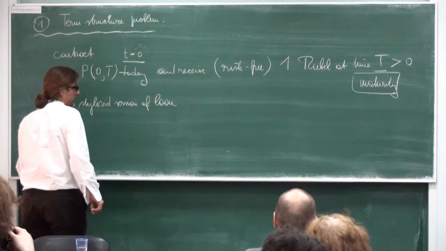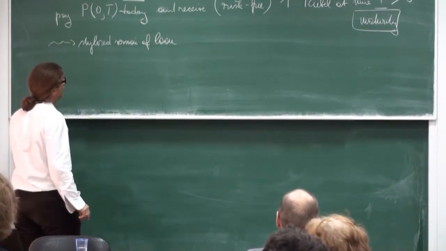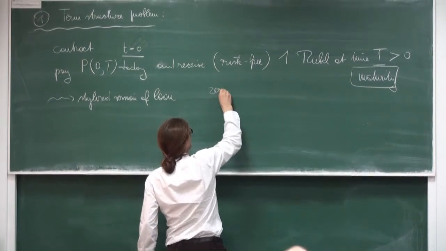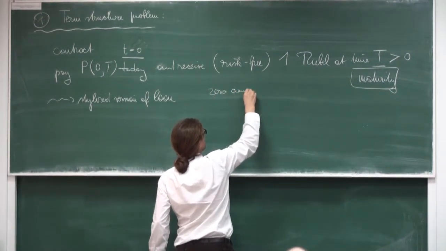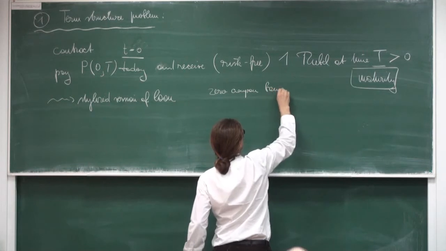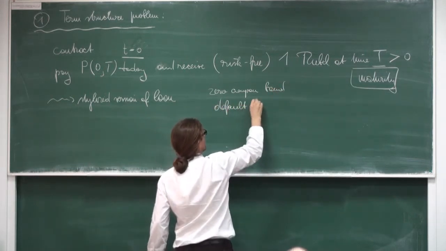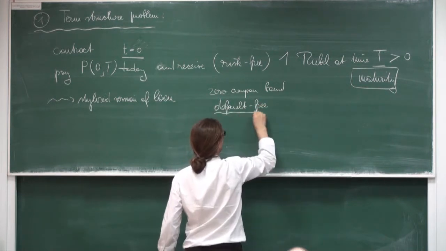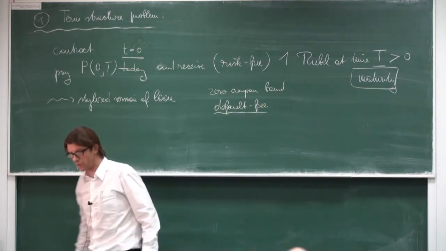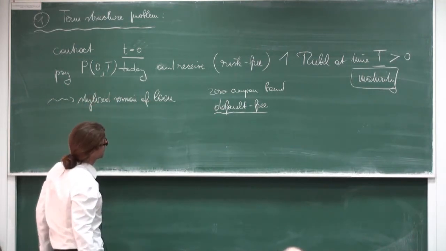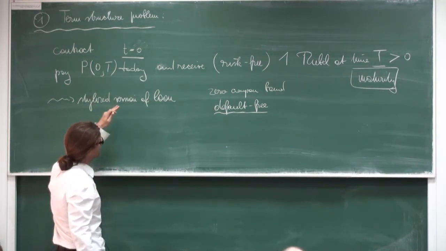So this is the first and basic notation, and such a contract is called a zero coupon bond, which is default free. A zero coupon bond which is default free. Zero coupon means that the contract is structured as I described it.